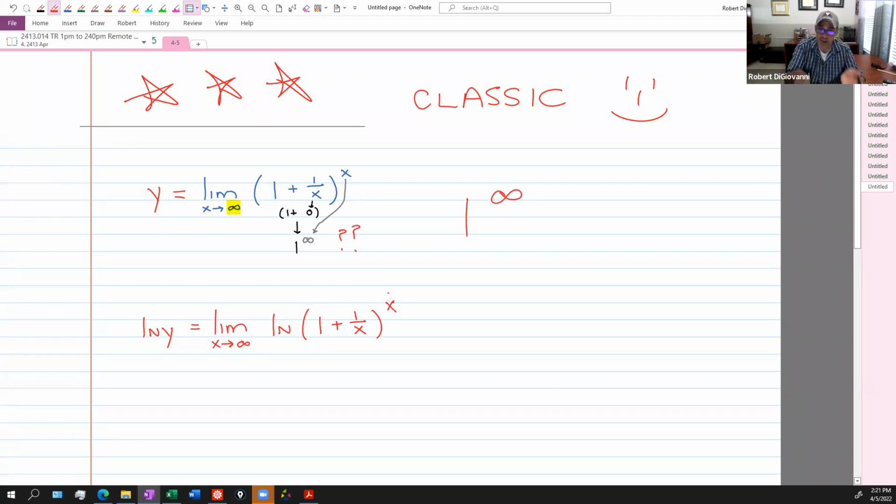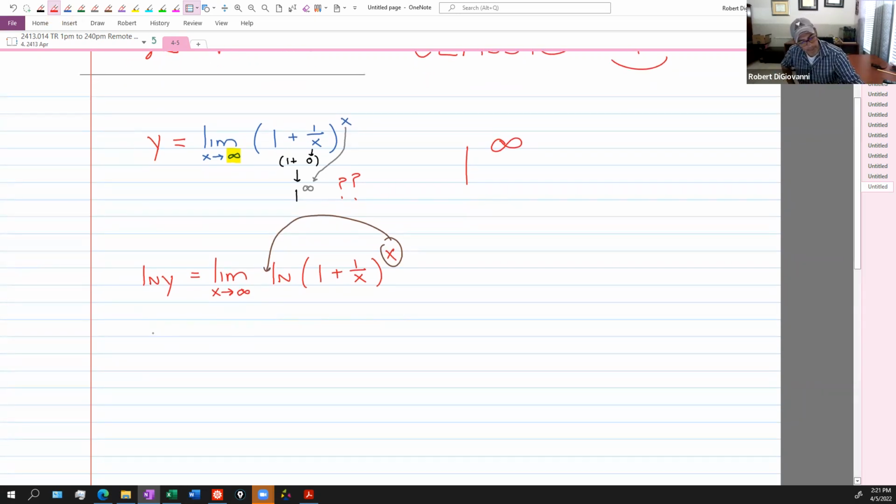Okay, so set it equal to y, natural log both sides, pass the natural log through the limit, and now you're ready to pull and pop that thing out front. It's the same kind of format for all these problems. So we get natural log of y equals limit as x goes to infinity, but now that x popped out in front, and then I have natural log of 1 plus 1 over x.